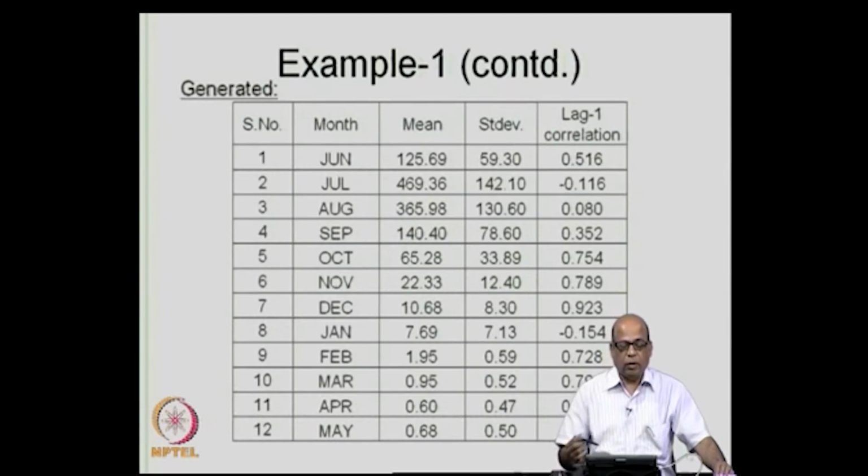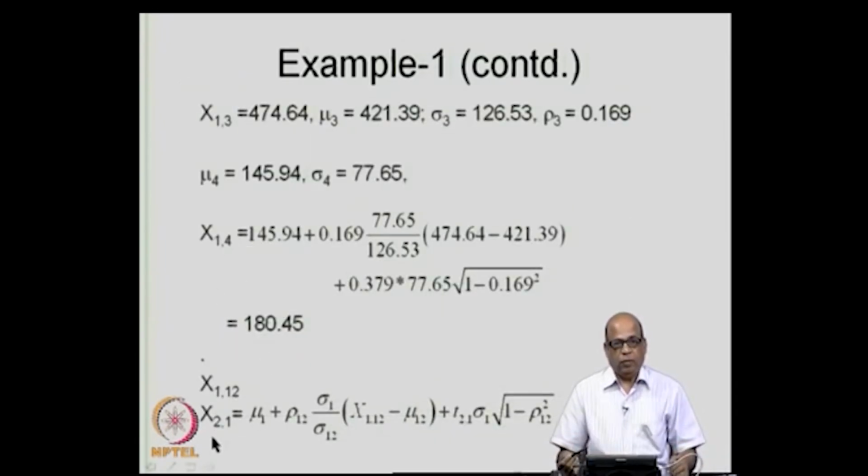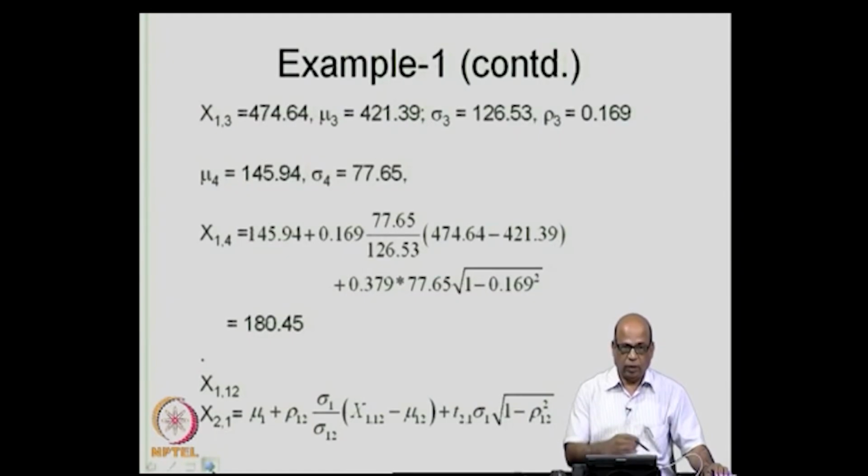Let us consider another example. What we then do is, we generate for 50 years and then compare. In this particular case we generated it for 100 years, like this 2 1 up to 2 12, 3 1, 3 12, etcetera, like this it keeps on going up to 100 comma 1, 100 comma 12, that is the 100th year, all the 12 months.